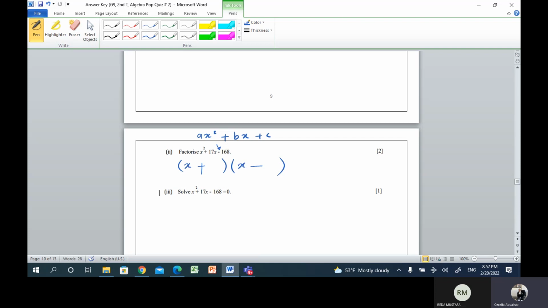And then the 168, we're going to find all numbers that we multiply by each other and will give us that 168. So if we say 1 times 168, the answer is 168. 2 times 84, the answer is 168. 3 times 56, the answer is 168.